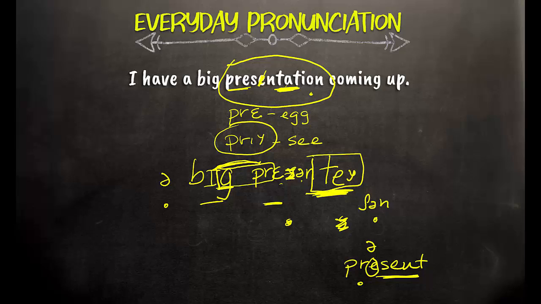So touch the back of your tongue on the back of your palate for the big. Don't let a lot of air escape. Immediately put your lips together to make the P, big P. But you've got the R coming up. So what I would do is round my lips a little bit because you're going to need rounded lips to make the R. So as you're making the P, your lips get a little bit round.